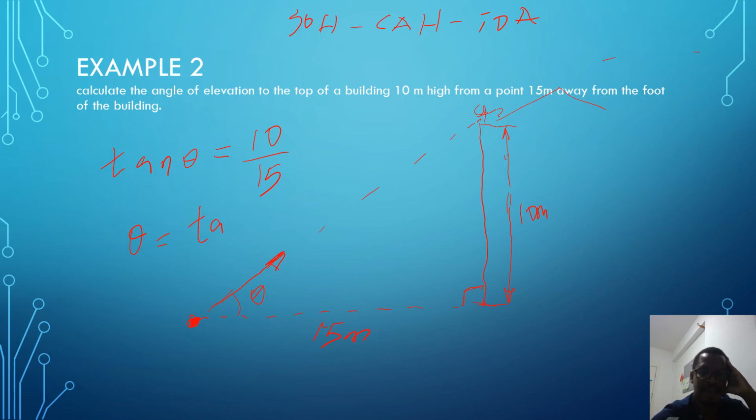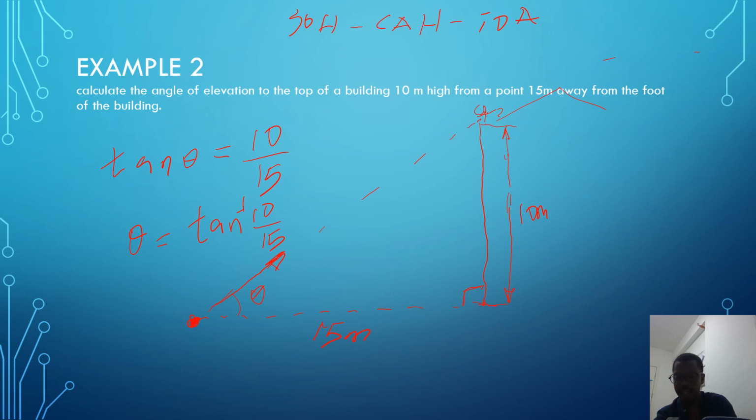Okay, now for us to find theta, we need to find tan inverse. If we take tan inverse on both sides, tan is gone. So in this case, you have theta equals tan inverse of 10 over 15. Okay, so if you go to your calculator, this is your calculator. You look for tan inverse. Where's your tan? You see, that's your tan here.